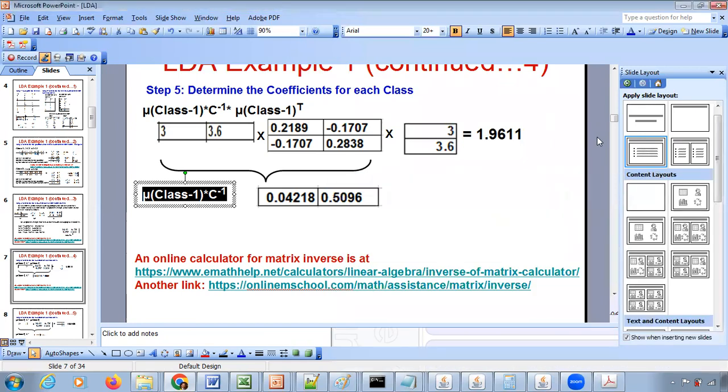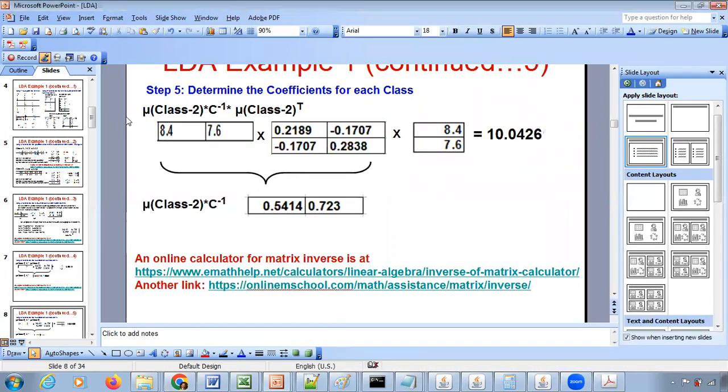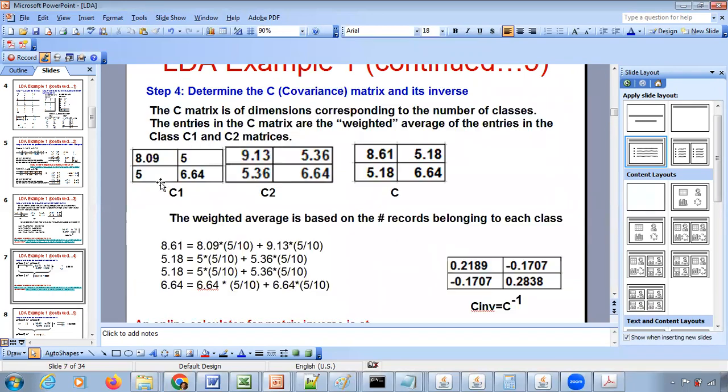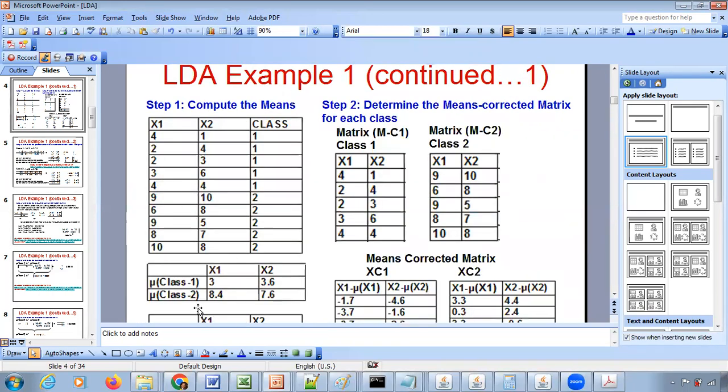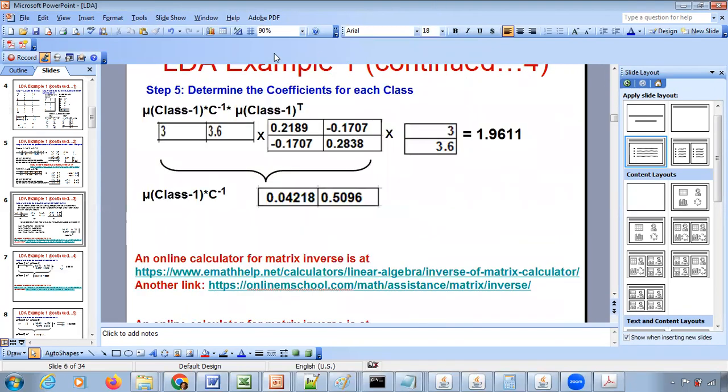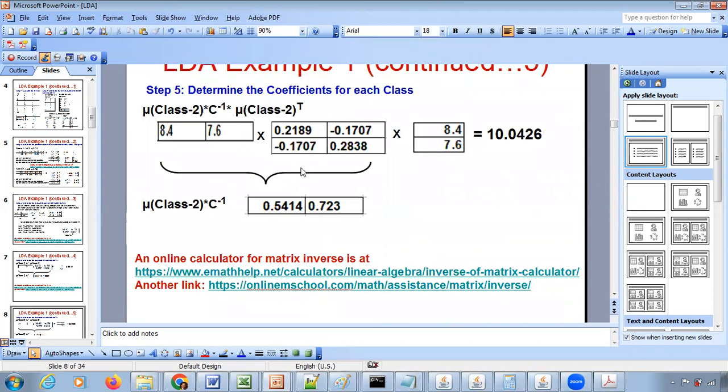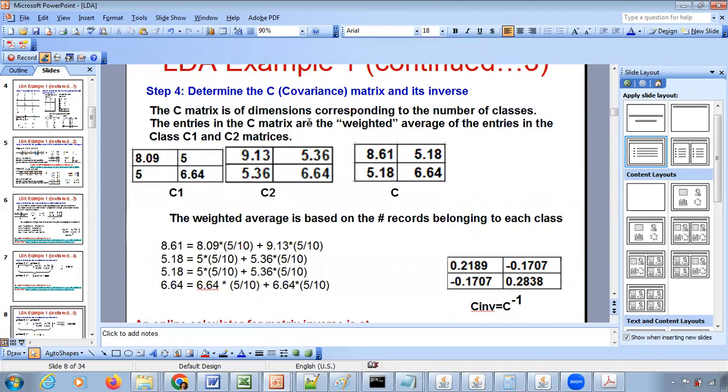So we need to determine the same thing for class 2. So the mu class 2 basically is a vector comprising of the mu of x1 just for class 2 records, and the mu of x2 for just the class 2 records. And that's going to be 8.4 and 7.6, if you see that here, for class 2. And then this is the same inverse that we computed here.